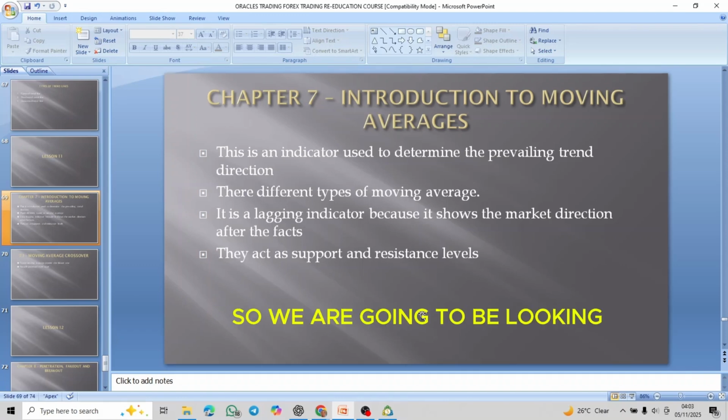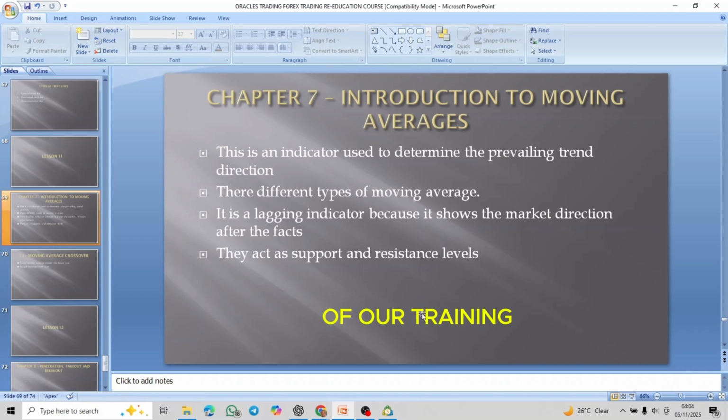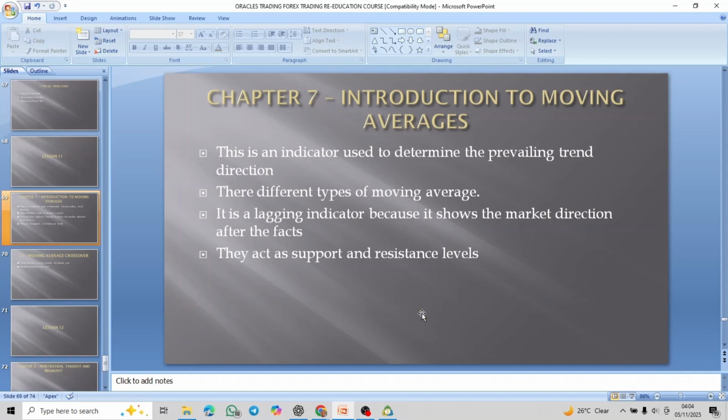So we are going to be looking at some moving averages, how to insert them on your chart. But we're not going to be going deep. This is just an introduction. By the time we enter the strategy section of our training, we are going to see how we apply our moving averages.